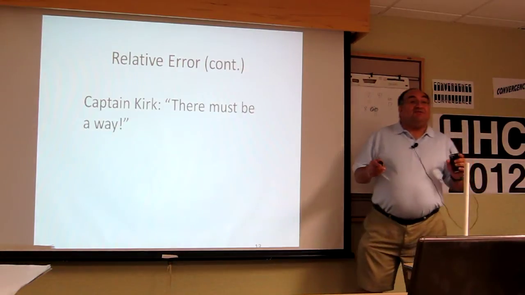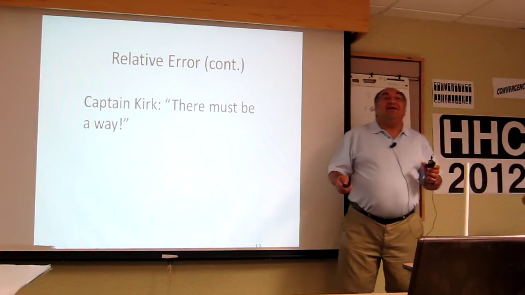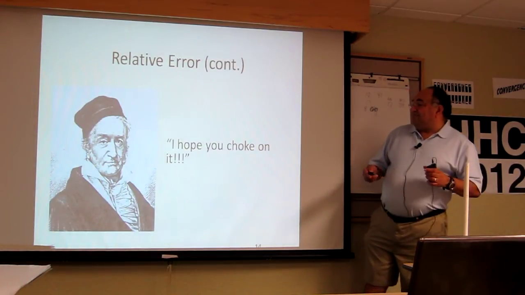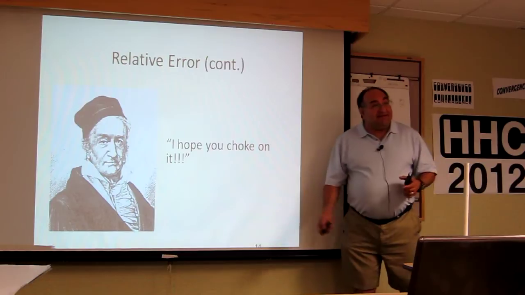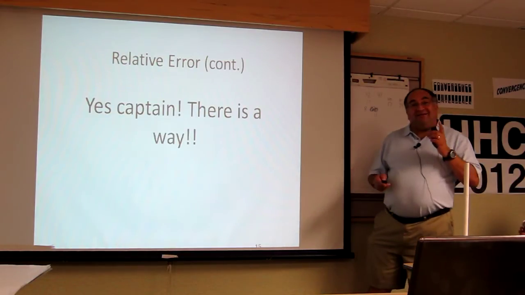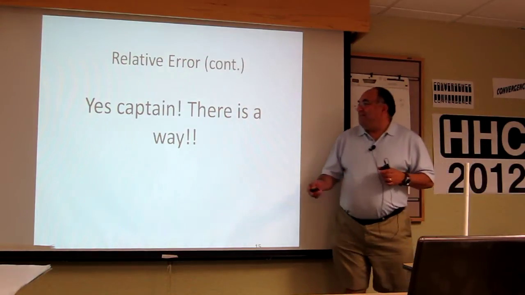Now, if this was a Star Trek convention, Captain Kirk would say, there must be a way. Of course, some pessimist hopes that we choke on it. But Mr. Optimist, moi, says, yes, Captain, there is a way.